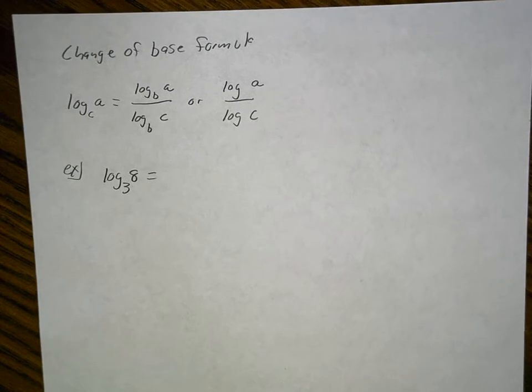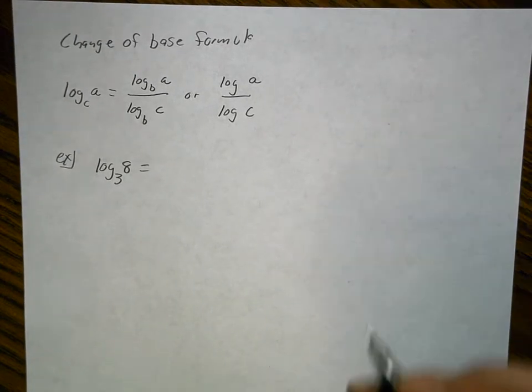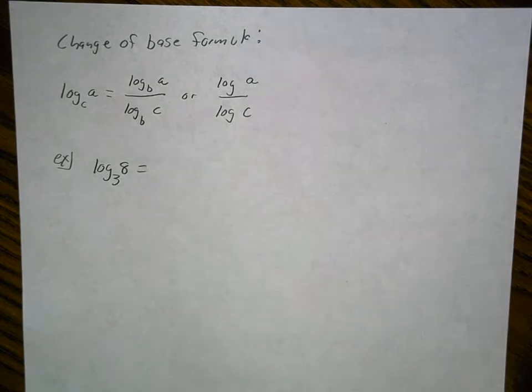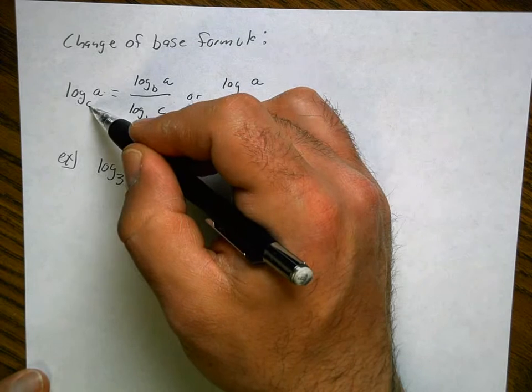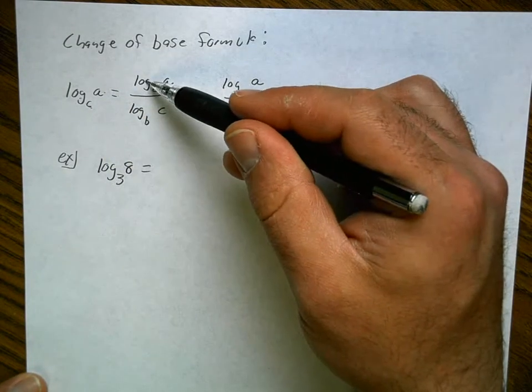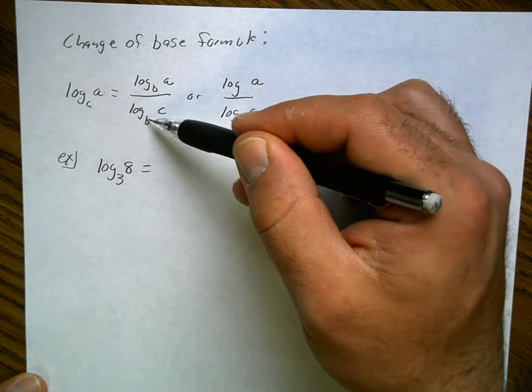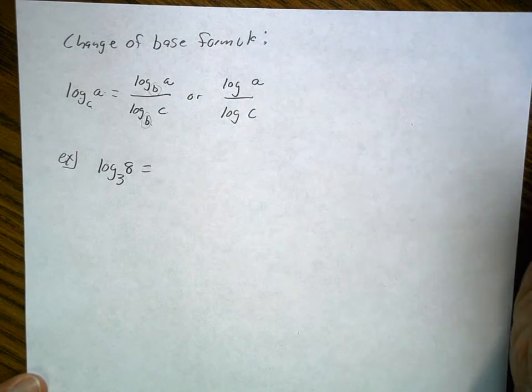Last thing in this section, the change of base formula. We use the change of base formula in our calculator to evaluate logarithms. Log base c of a, where c can be any base, can be calculated by taking log base b of a over log base b of c. Base b can be any base as long as it's the same.